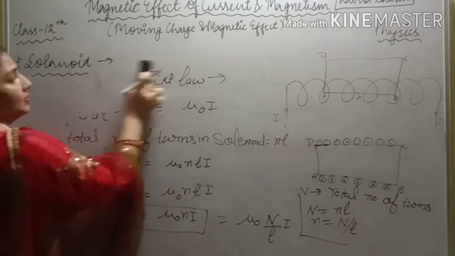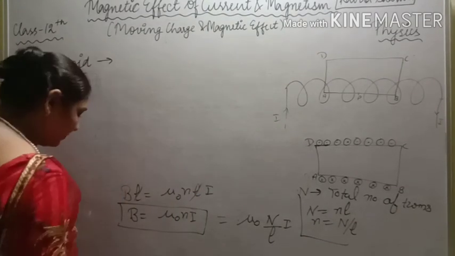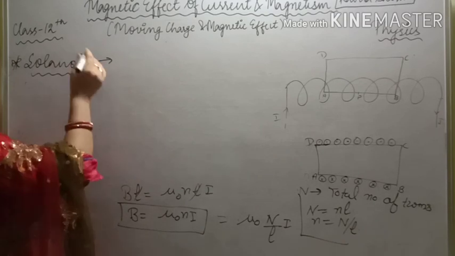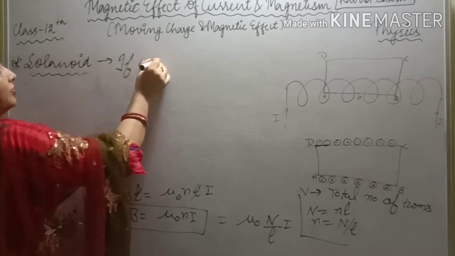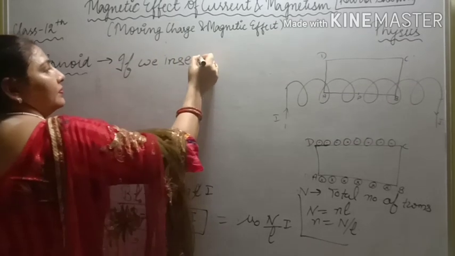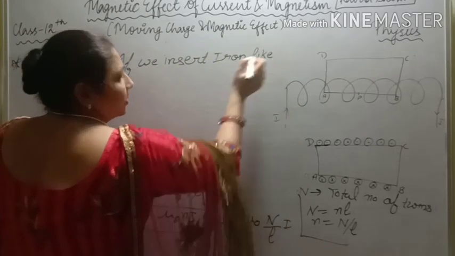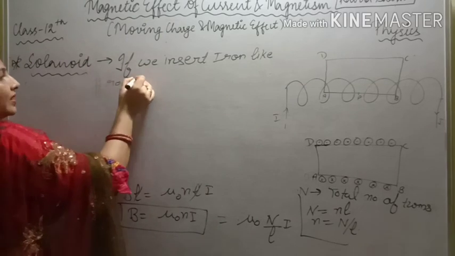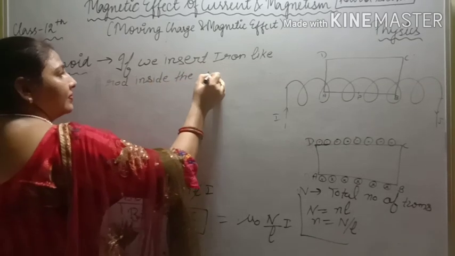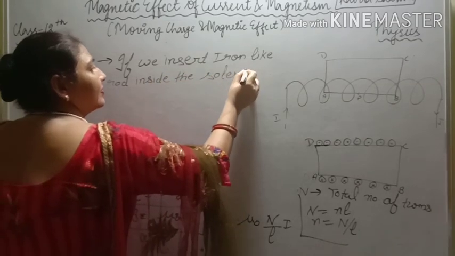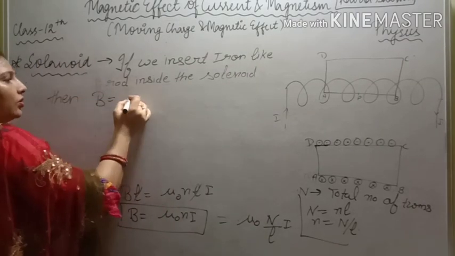Okay, so if we insert iron like a rod inside the solenoid, then B equal to mu n I.